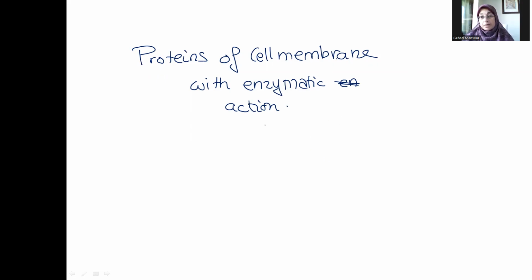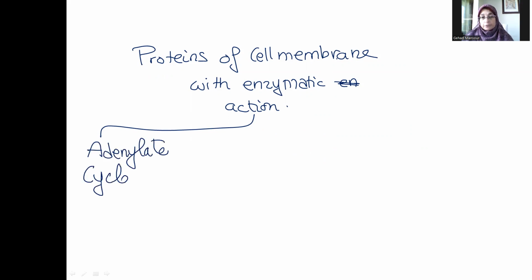So proteins of the cell membrane that have enzymatic action, we have seen, for example, adenylate cyclase in the G protein coupled receptor pathway. We have seen tyrosine kinases, okay?